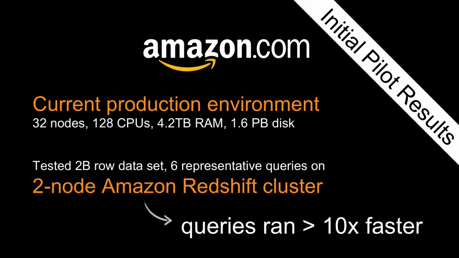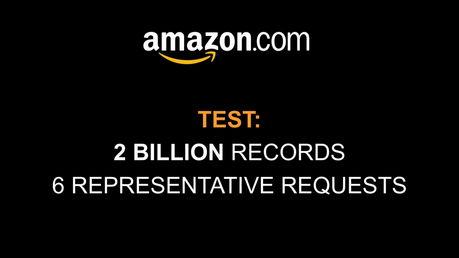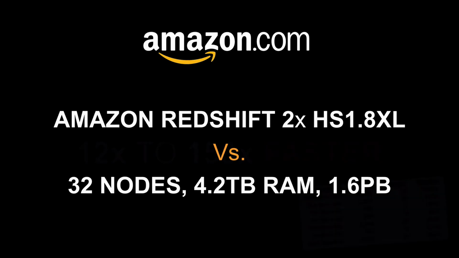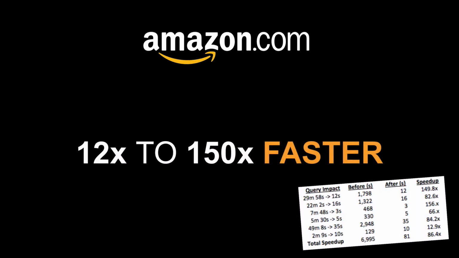So testing with a 2 billion row data set, running 6 representative queries on a 2-node Amazon Redshift cluster, comparing it to an existing 32-node traditionally architected data warehouse, which was actually much larger in terms of memory as well than the Redshift cluster. And the query response on Redshift was between 12 and 150 times faster.